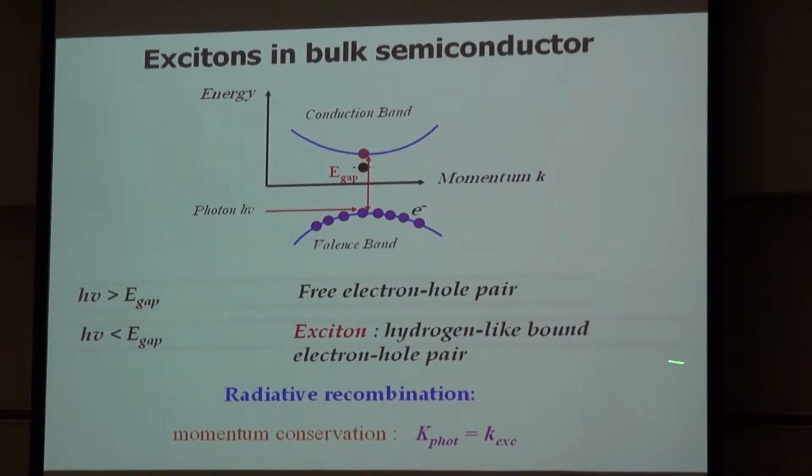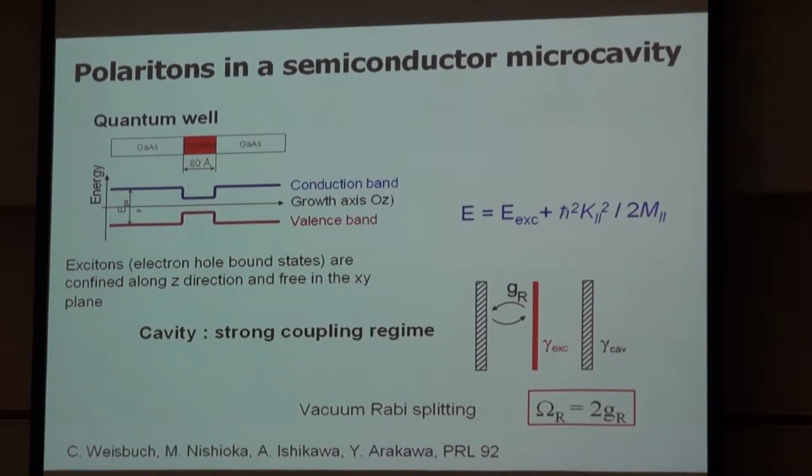The good thing here is that because there must be energy and momentum conservation, the K of the photon creates an exciton with the same K. But this is in the bulk. Now, in a quantum well, as we have here, which is very narrow, the levels are quantized, and this conservation is not exactly the same.